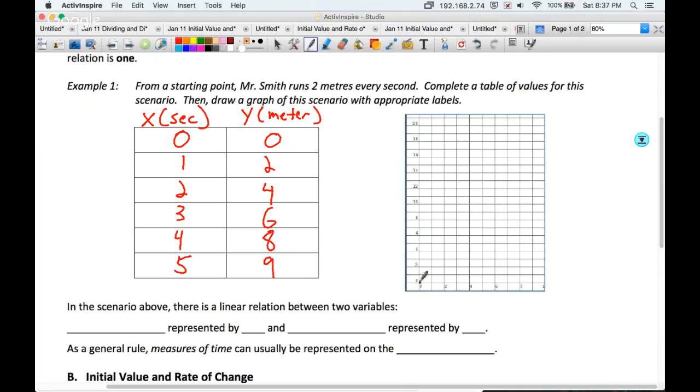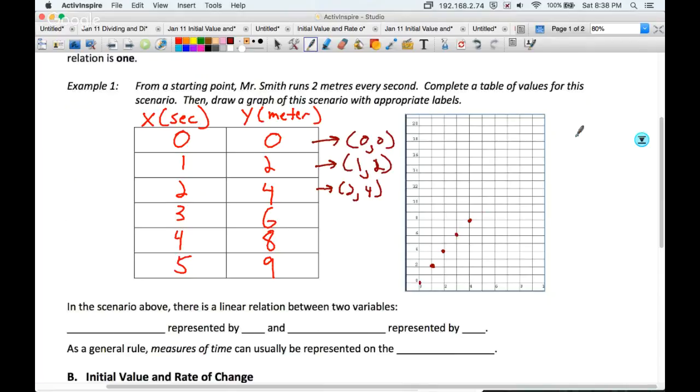Well, I've got a point there at 0, 0, because this row of the table gives us the ordered pair 0, 0. We've got another ordered pair at 1, 2 from this row. The next one's at 2, 4, and so on. 2, 4, 3, 6, 4, 8.